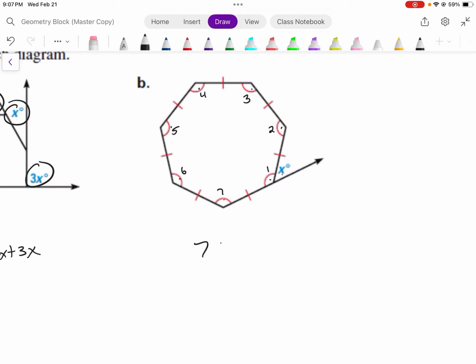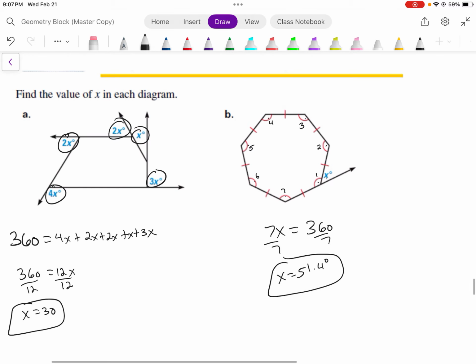And they're all x. So I got 7x. And again, those angles add up to 360. So divide by 7. We're going to get x equals 51.4 degrees.